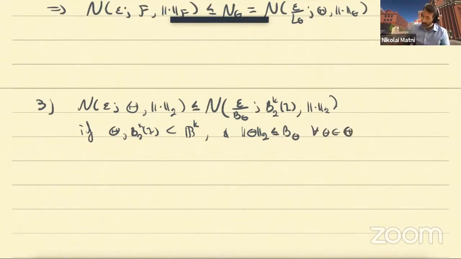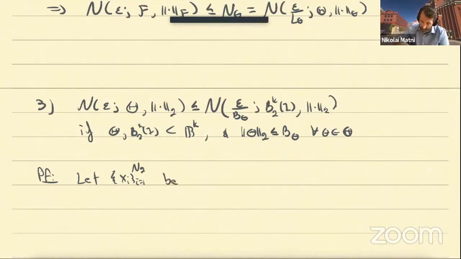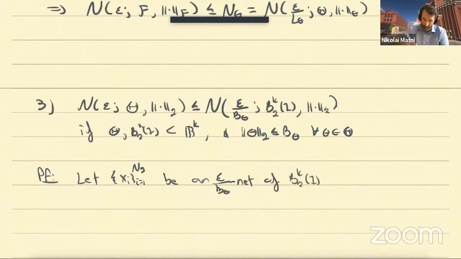And the proof is going to go in a very similar way. So I'm going to let x_i, for i equals 1 to, I'll call this n2, the covering number of the Euclidean ball, be an epsilon over B theta net of the Euclidean ball in k dimensions. I'm going to define a new net, which I'm going to call z sub i, constructed from the x sub i's just by scaling them out, by multiplying them by B theta.